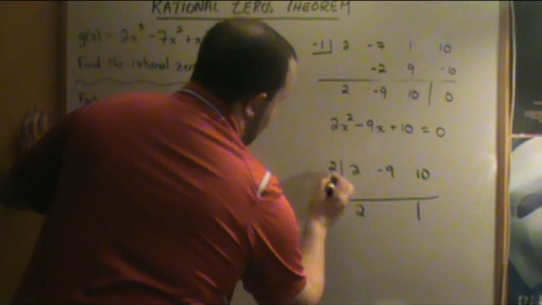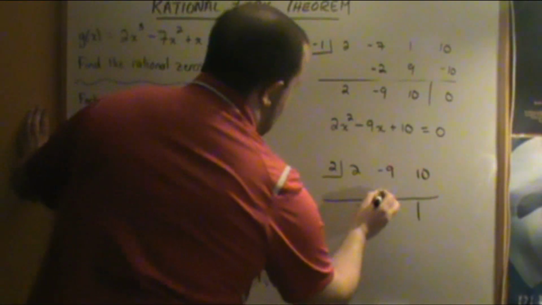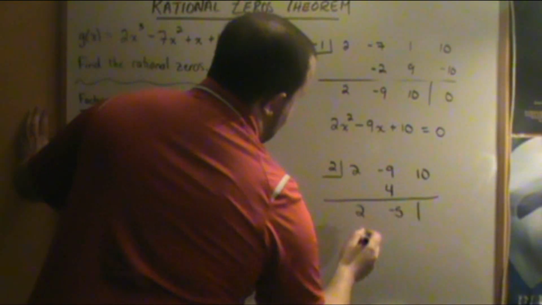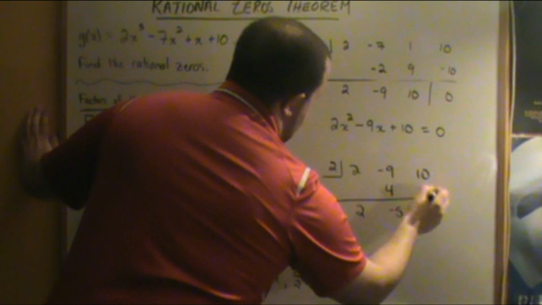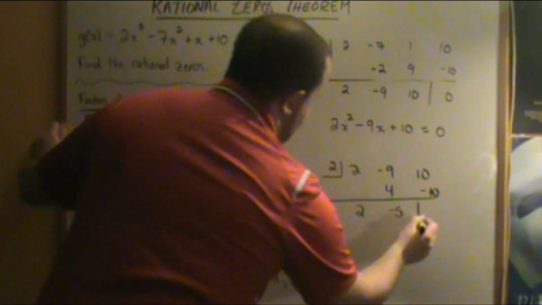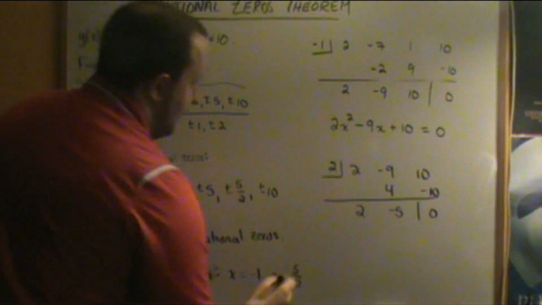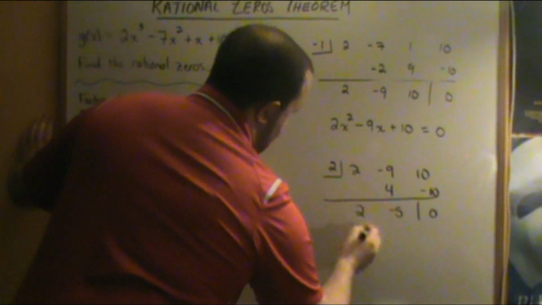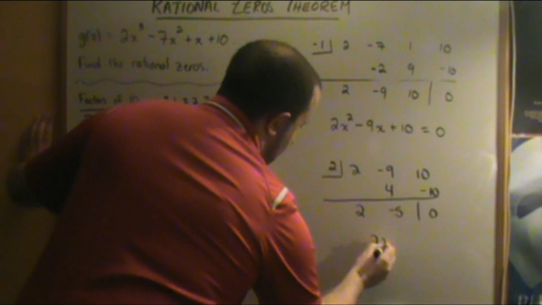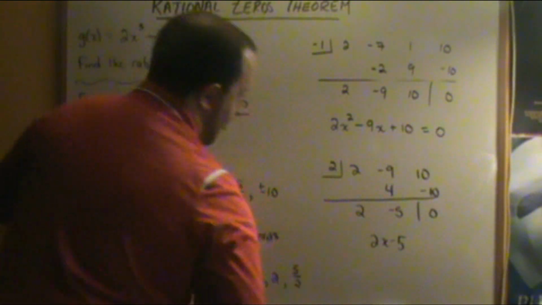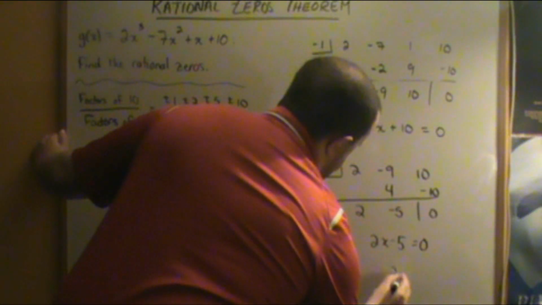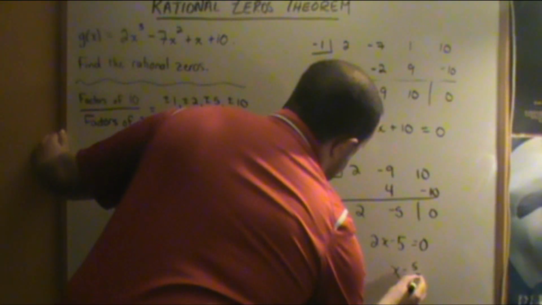Bring the 2 down. 2 times 2 is 4. Negative 9 plus 4 is negative 5. 2 times negative 5 is negative 10. 10 plus negative 10 is 0. So we're left with 2 as a rational 0. This equation here, because it's linear, is 2x minus 5. Just set that equal to 0, and you'll get x to be positive 5 halves.